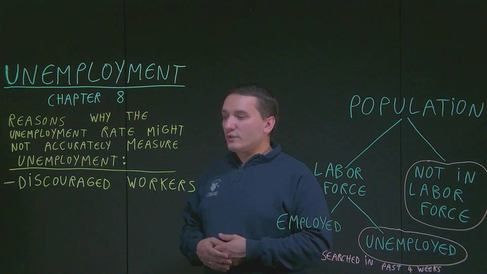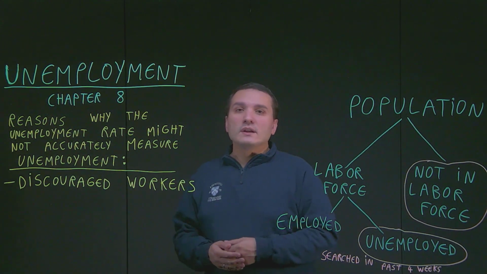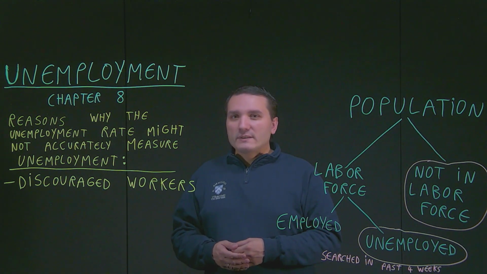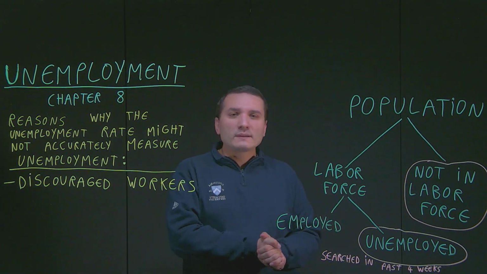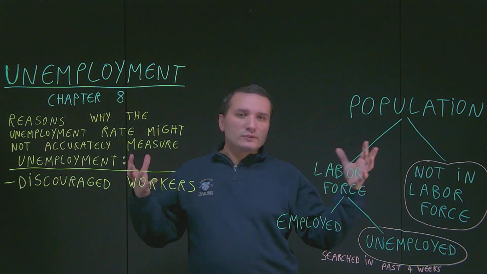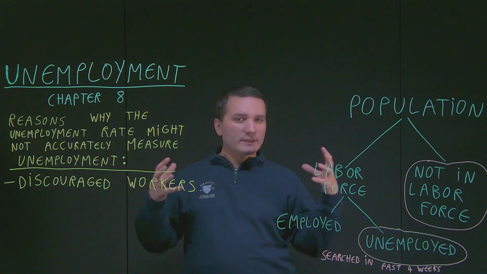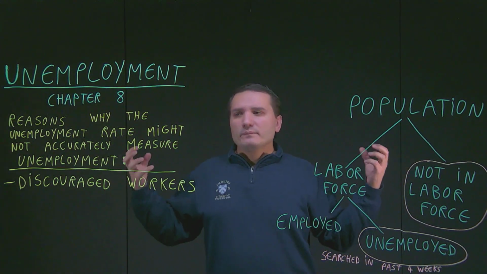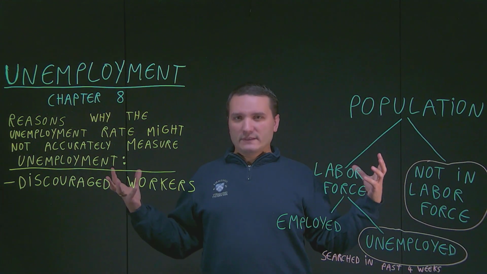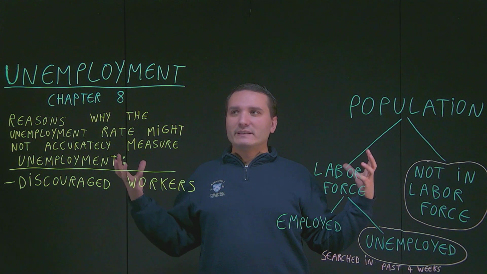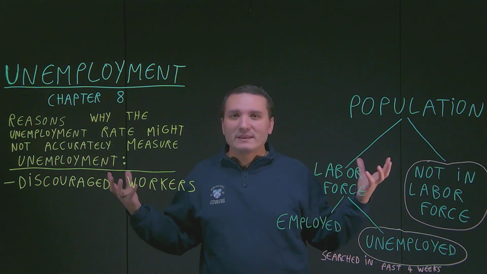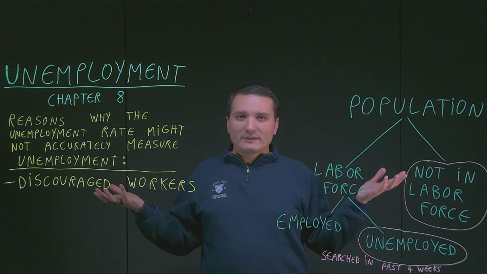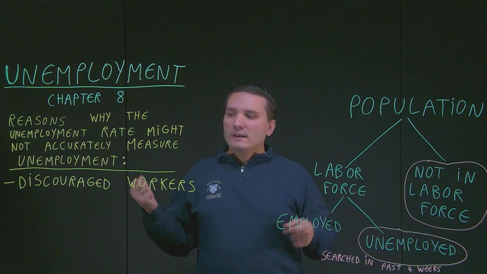Whether you're not looking because you're discouraged and depressed, or because you're perfectly happy at home, it's difficult to tell apart those two categories, right? Those are two very different experiences, but it's difficult to tell them apart statistically. Like basically, are you happy or are you unhappy about staying at home and not having a job? It's difficult to measure that.